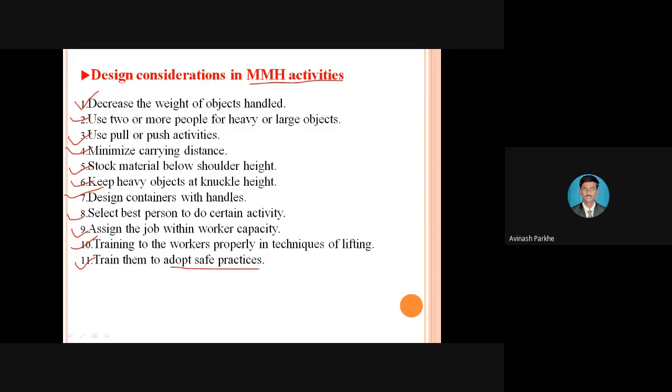If we consider all these design considerations, we can handle that particular load very easily in a safe manner, without any fatigue or stress to the body of that particular operator or worker. So these are the design considerations considered in manual material handling activities.